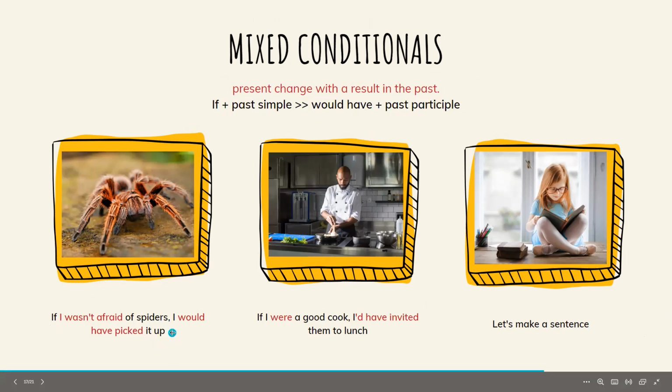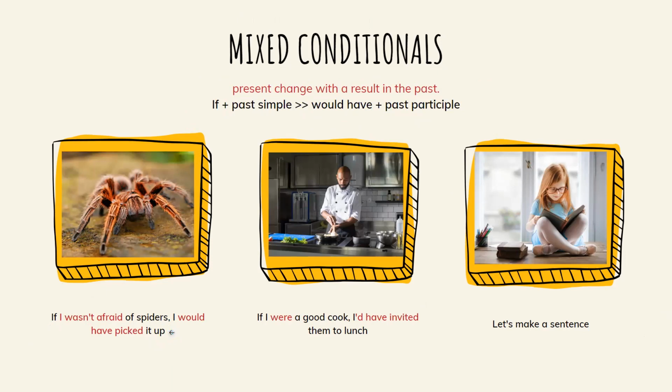It means I am afraid of spiders. That's why I didn't pick up, let's say, the spider. You see, I didn't pick it up. It happened in the past. Imagine there was a spider, and I didn't pick it up because I am afraid of it. You see, I'm changing something in the present and I see the result in the past.